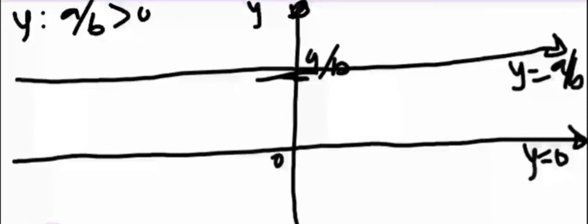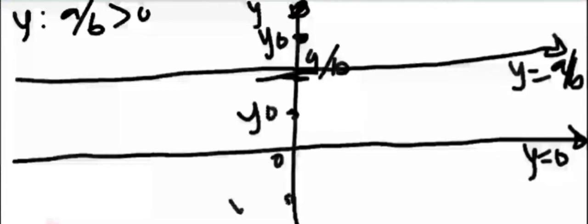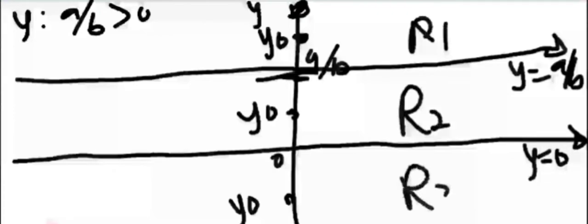So now, our possible solutions, they said y(0) is equal to y naught. There are three possible places I can find this y naught. y naught can be here, here, and here. So I will call this region 1, this region 2, and this region 3. The next thing is to consider the three cases.